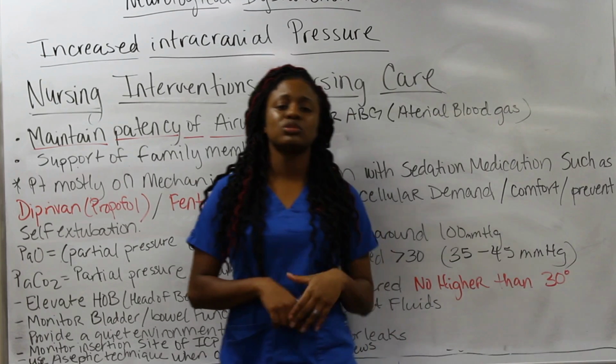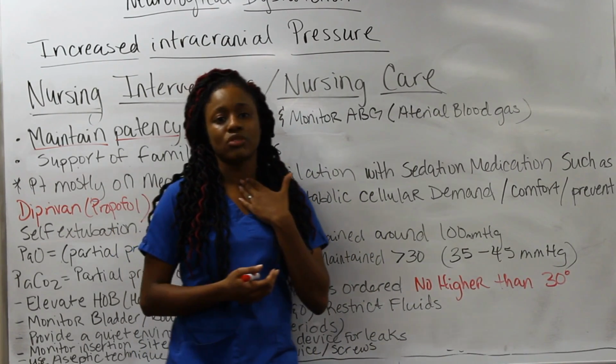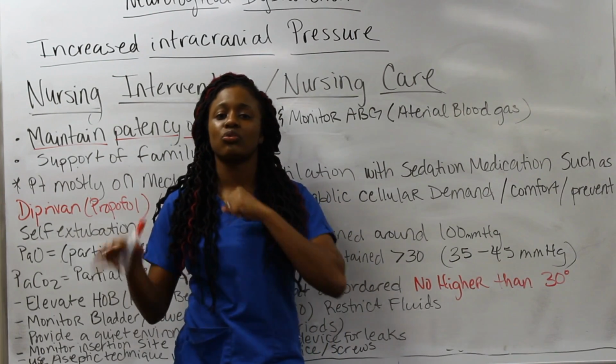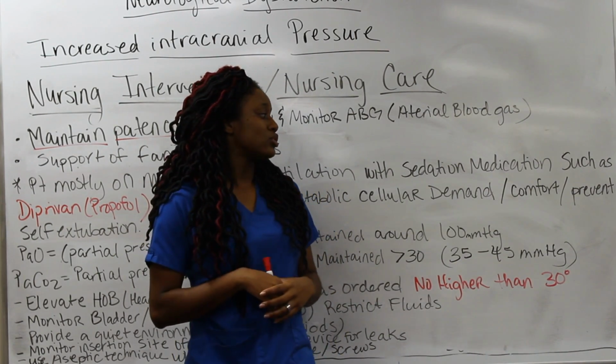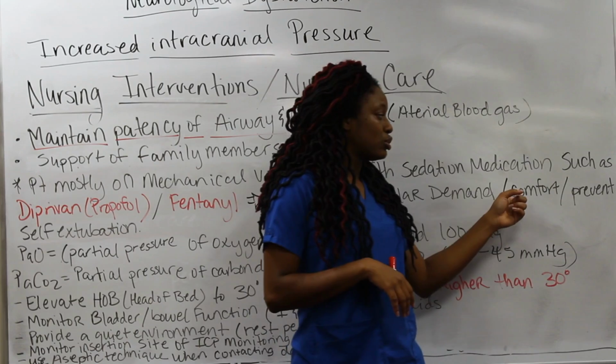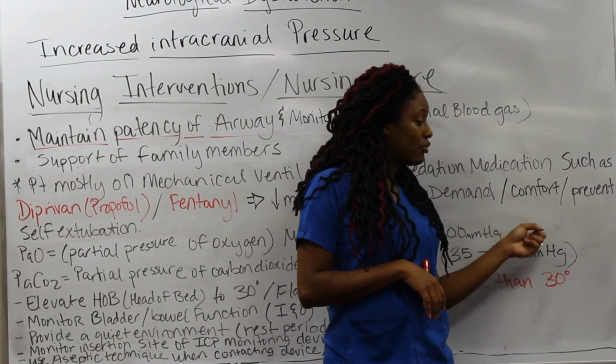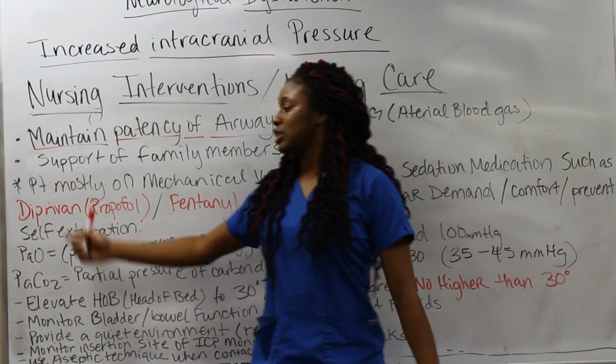Because those tubes going down your throat are not as comfortable, or if they're trach, they're not as comfortable, especially when hooked up to the vent and they may want to reach for certain things. You don't want them to cause any harm to themselves. So you want to give them comfort, and also prevent self-extubation.